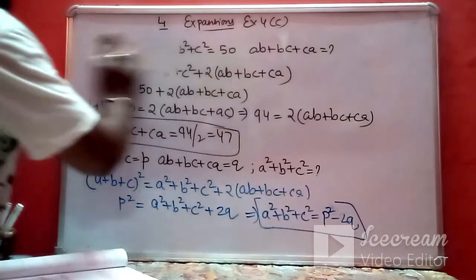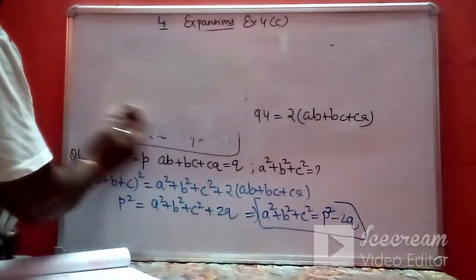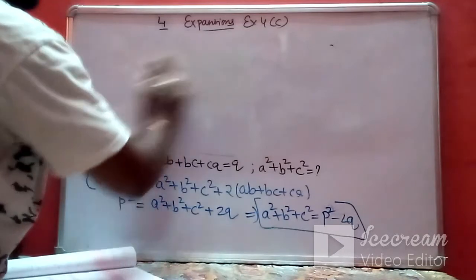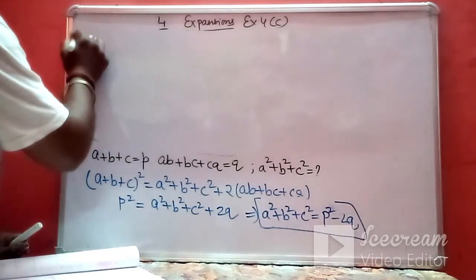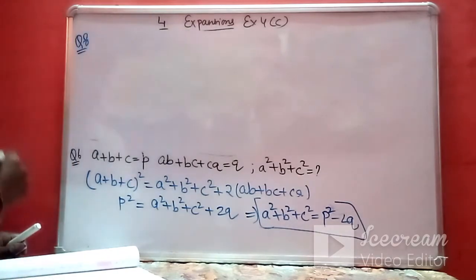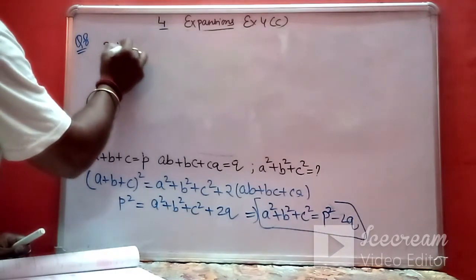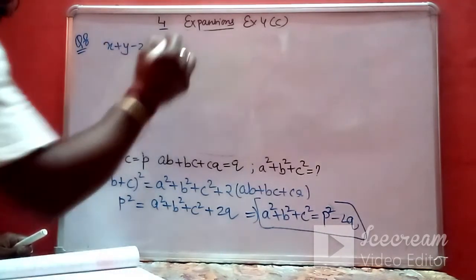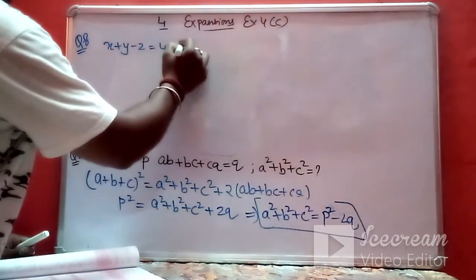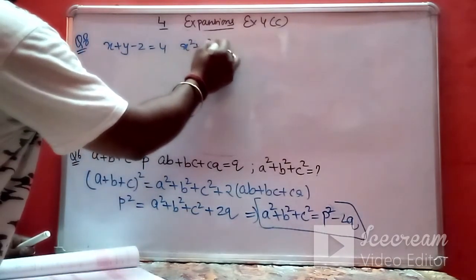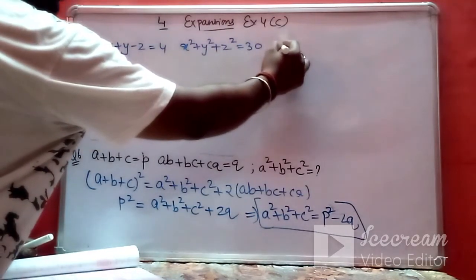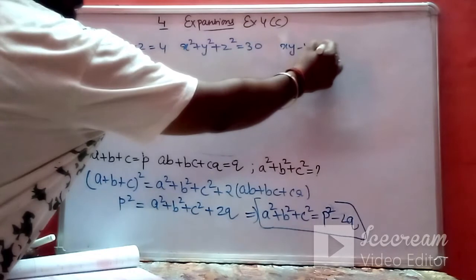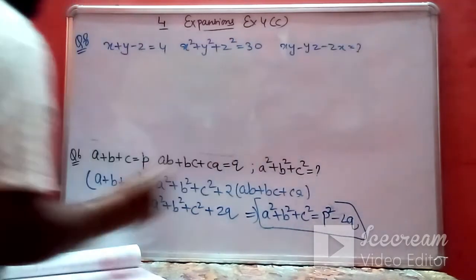Okay, then see the last one. So x plus y minus z equals 4 and x square plus y square plus z square equals 30. We have to find the value of xy minus yz minus zx.